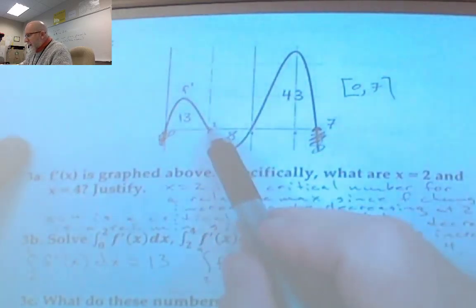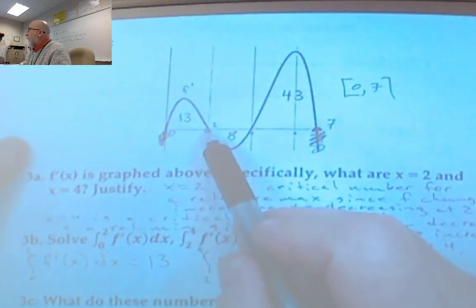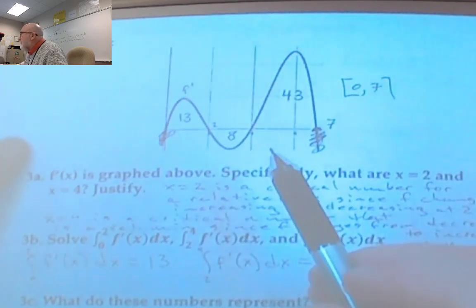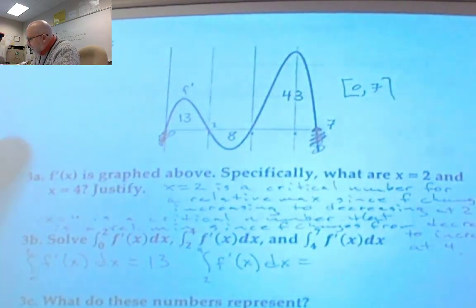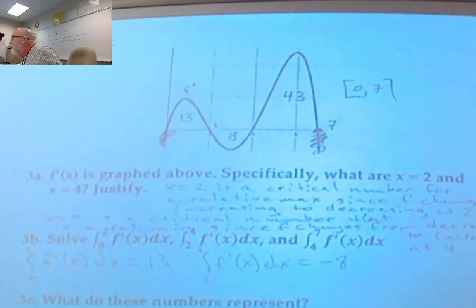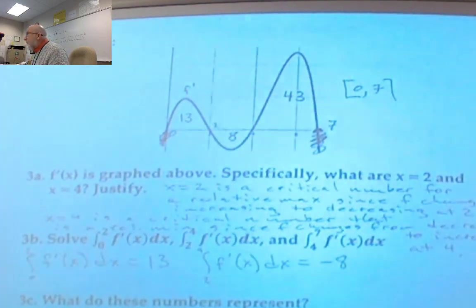And then it turns around and decreases. Yes! -8, because that's how far it's going in the opposite direction. How do we show oppositeness? Negative. Very good. Is it kind of making sense?